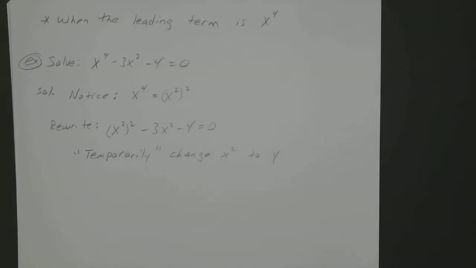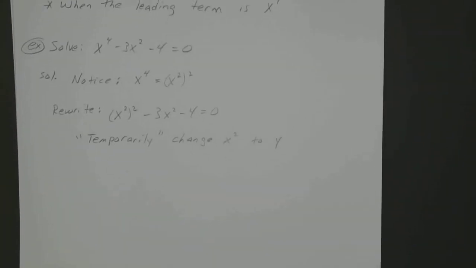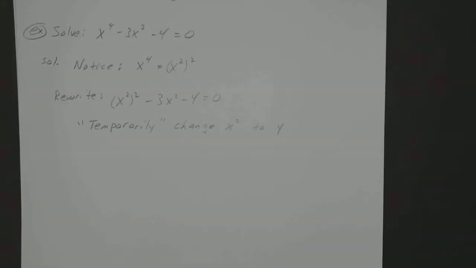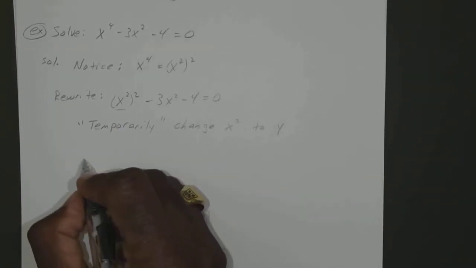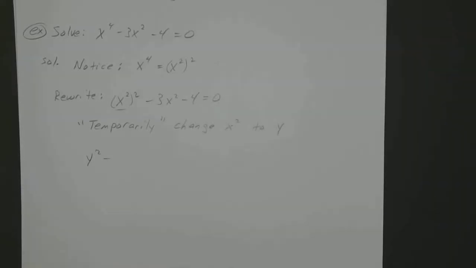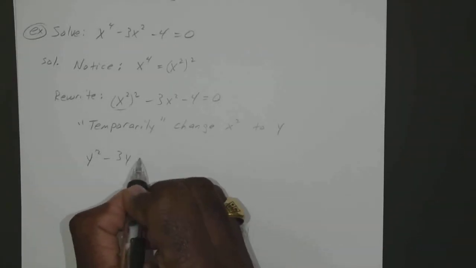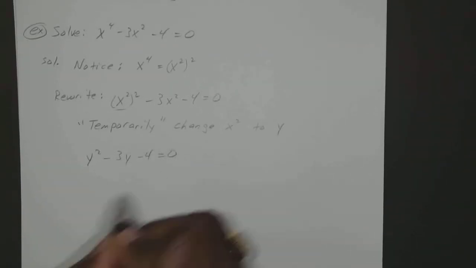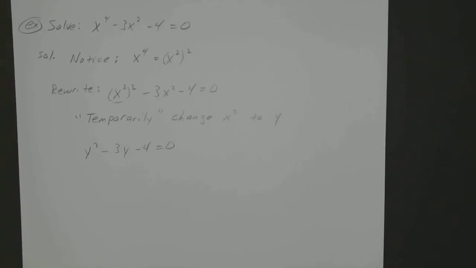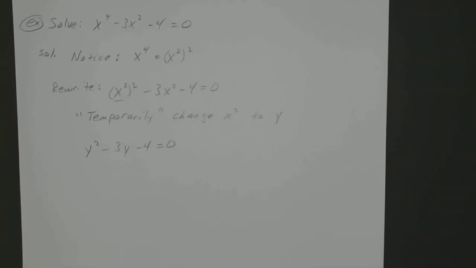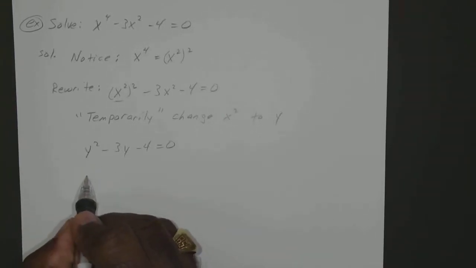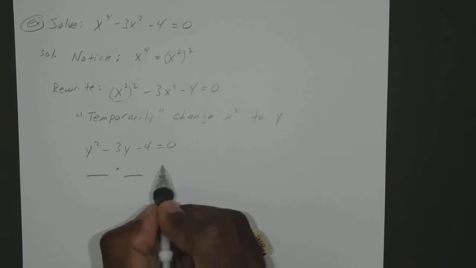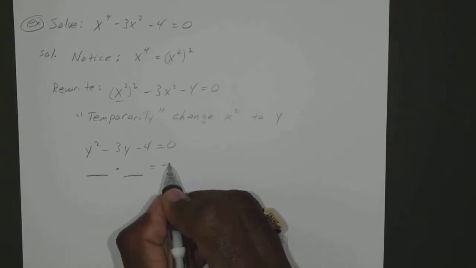And we'll pick y. You can pick n, you can pick any variable you want. The only reason we did that is because now, instead of x squared squared, we have y squared minus 3y minus 4 equals 0, which is a little easier to handle. Okay, so you have nothing in front of the y squared, so we'll see if we can pick two numbers that multiply to equal our c.